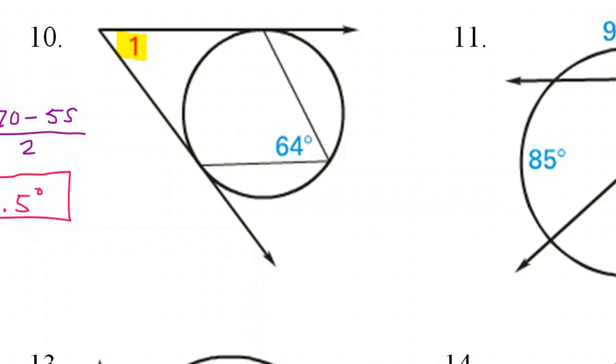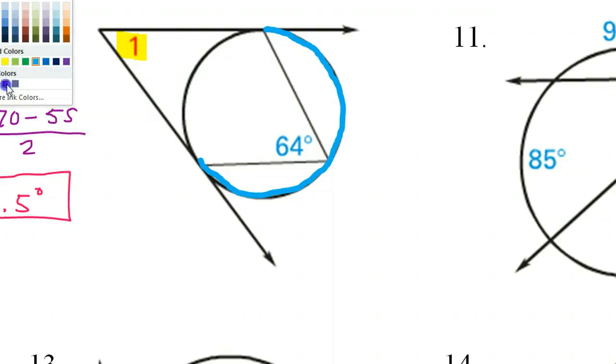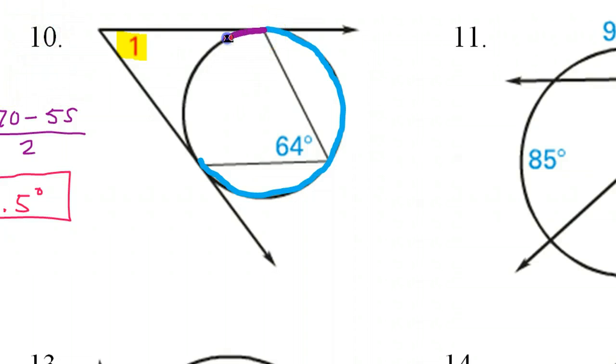The big arc is this. This is the big arc that's being intercepted by the angle. The small arc is this. We've got the big arc and we've got the small arc.